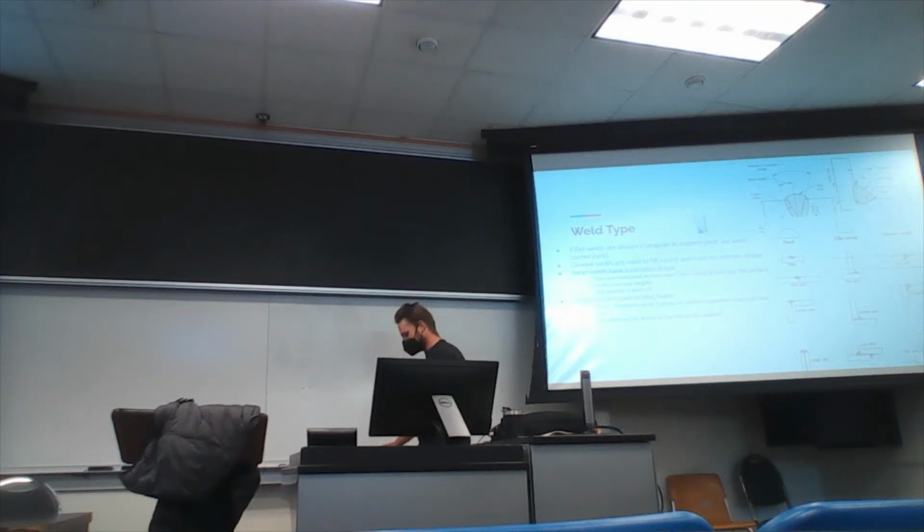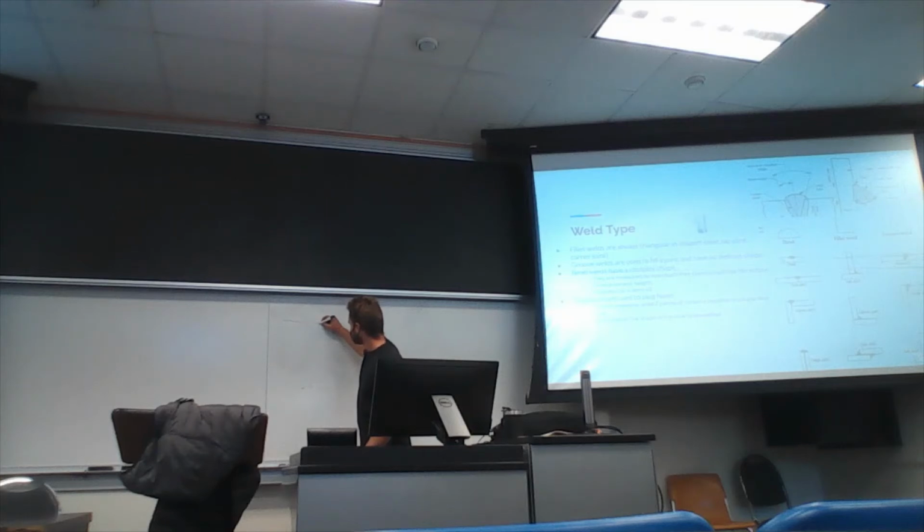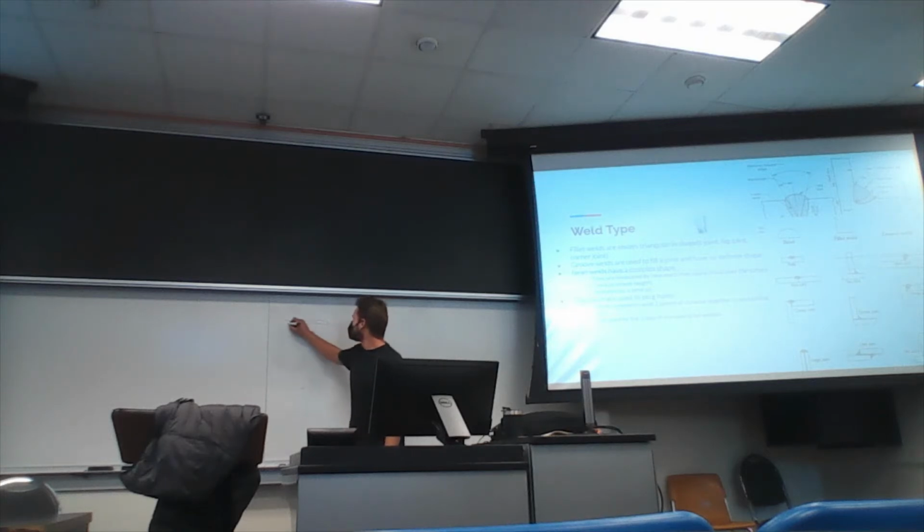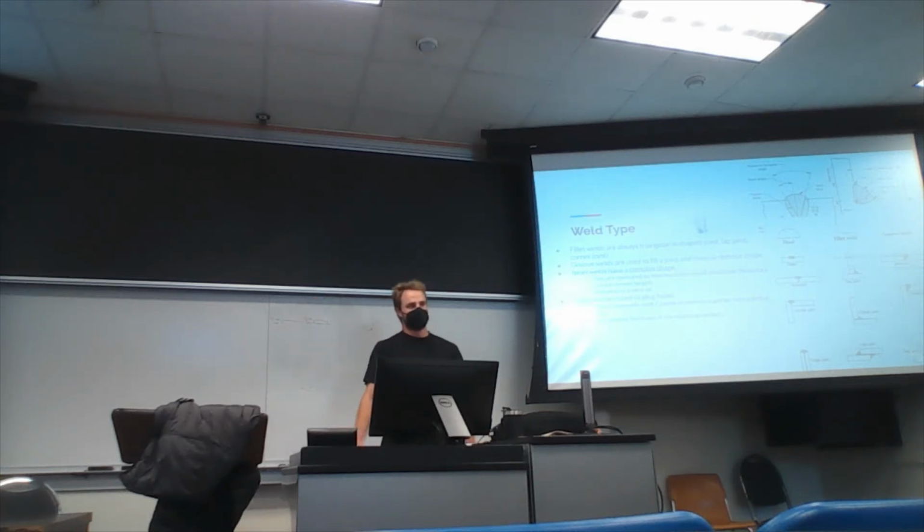Because in thin material, if you wanted to weld it together, you could just weld over the top and join it no problem, because you just essentially want to match the thickness of the material you're welding here. So if this is, I don't know, 1/8 of an inch, you would want that to be 1/8 of an inch. And that would be perfectly strong, as long as you get a little bit of penetration in there.